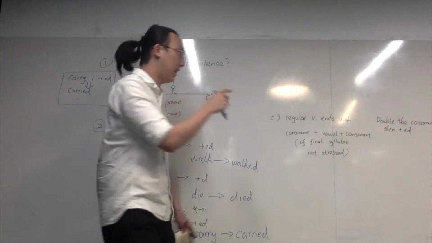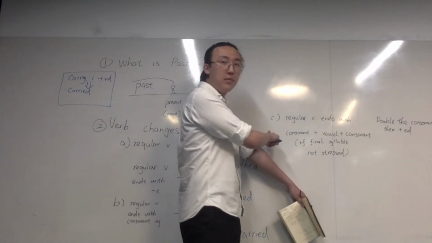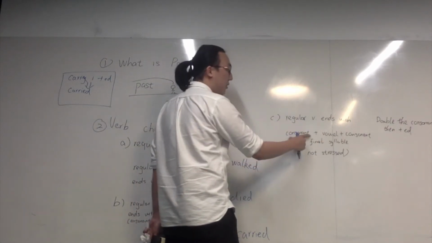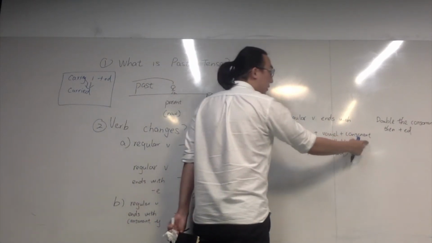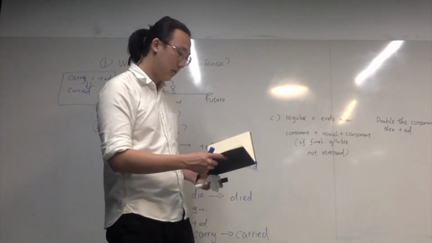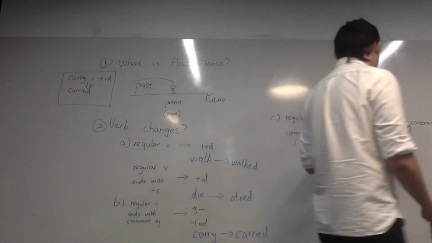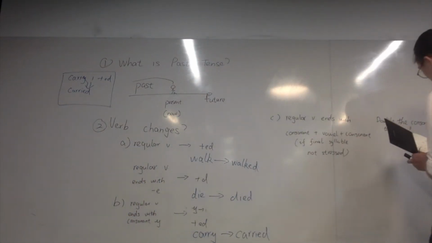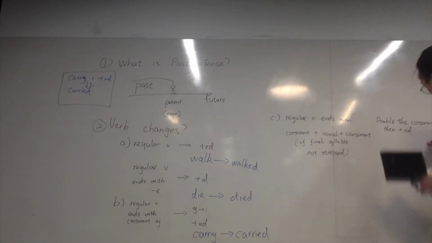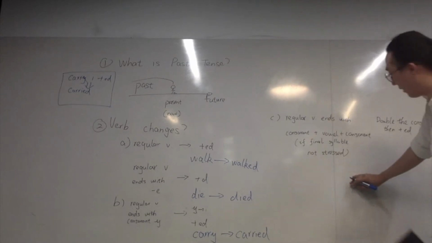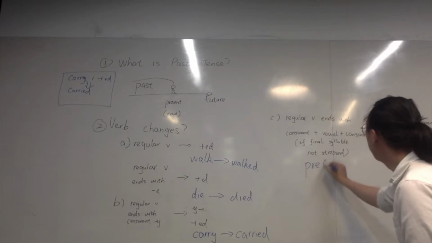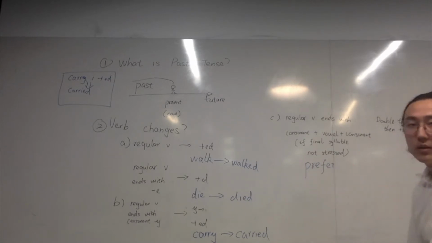Now, it's getting a bit tricky here with the third formula, or third principle: a regular verb that ends with consonant plus vowel plus consonant. What does that mean? If I give you one example, it would be prefer. I'll write it down here. What do you prefer?